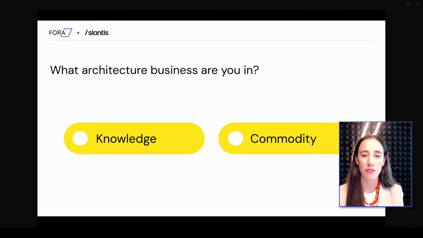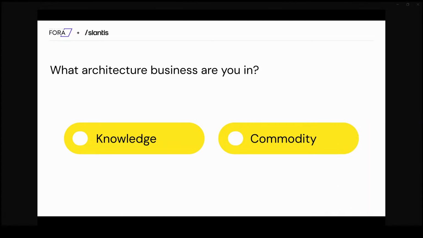If you are in the design space, and design equals knowledge, design takes a lot of time and effort to really understand and get as a craft. So basically, what you're doing is growing your knowledge of design. So we were thinking about, okay, now what architecture business are you really in?